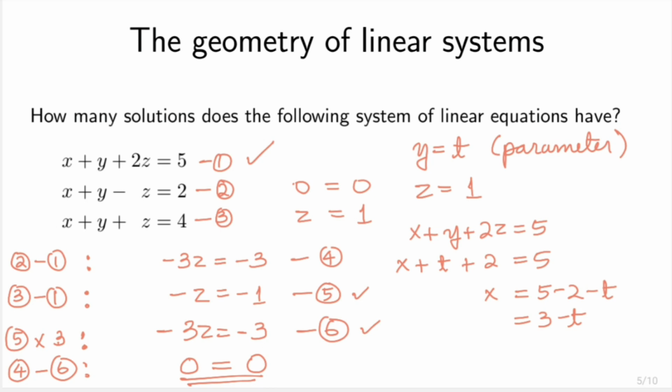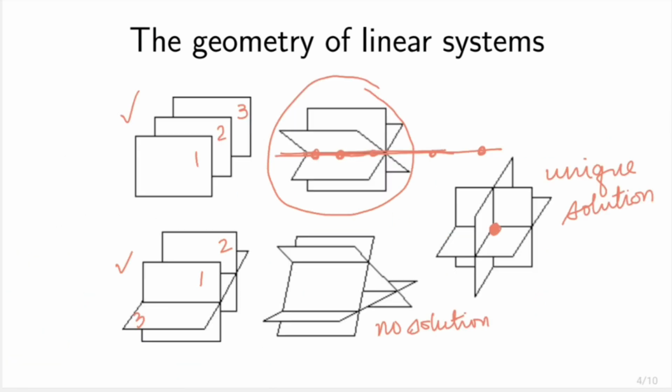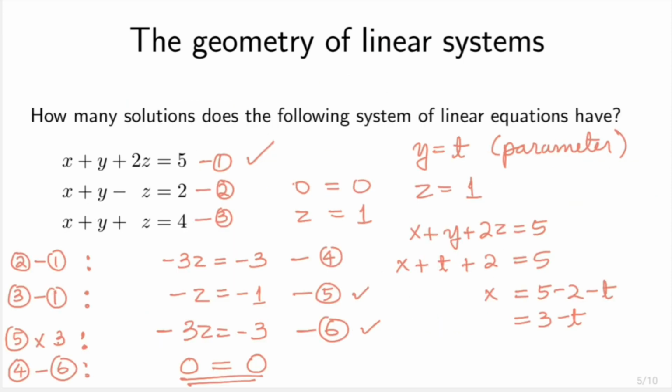And if we go back to our diagrams, this is the scenario which we have. The planes that represent the equations are all intersecting in a line. And so we have as many solutions as there are points on the line, and there are infinitely many points on the line. So we have infinitely many solutions.